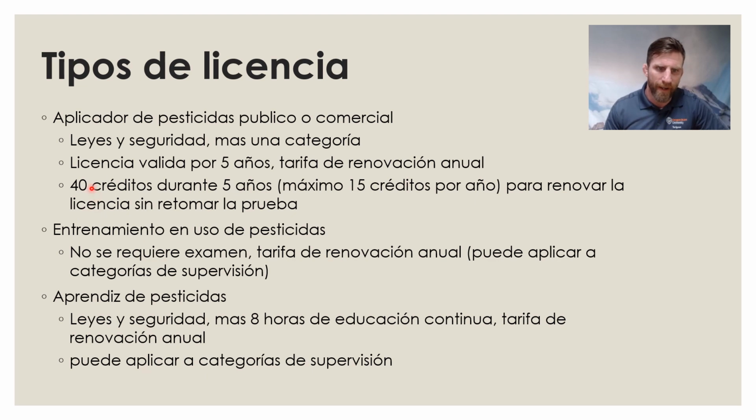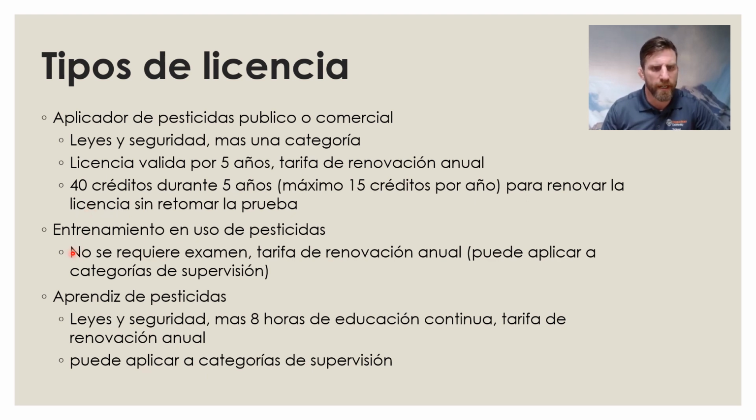So over that 5-year period of their license, if they go to approved training events and they get a cumulative number of 40 credits over the 5 years, they can keep their license for another 5 years. Okay, and keep doing that. Every 5 years you have to get 40 credits to keep your license, or you have to retake an exam to get a new license.